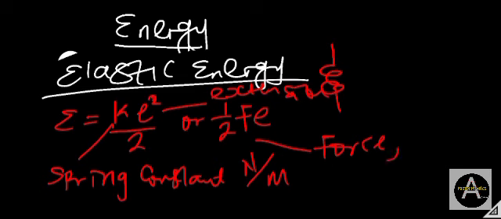I know that the unit for force is in Newton, and unit for extension is in meters, right? Alright, so write this down. The next one we go to here.